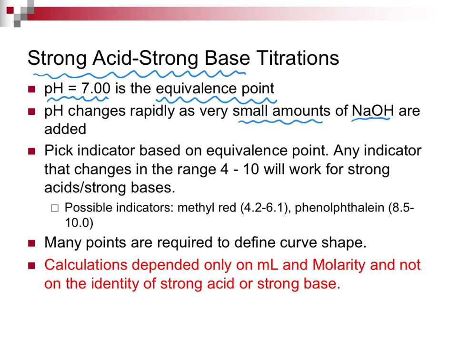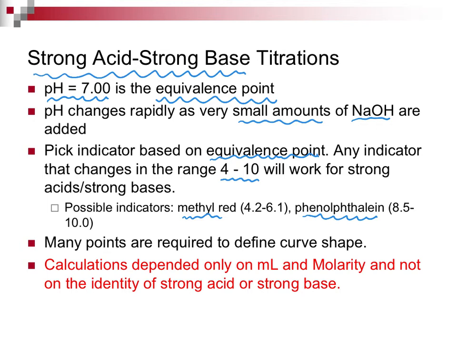So you want to pick an indicator based on that equivalence point, and we say any indicator that changes color between pH 4 and pH 10 will work for a strong acid, strong base titration. So I list 2 of them here. One of them is methyl red that changes in the acidic range. The other one is phenolphthalein that changes in the basic range.